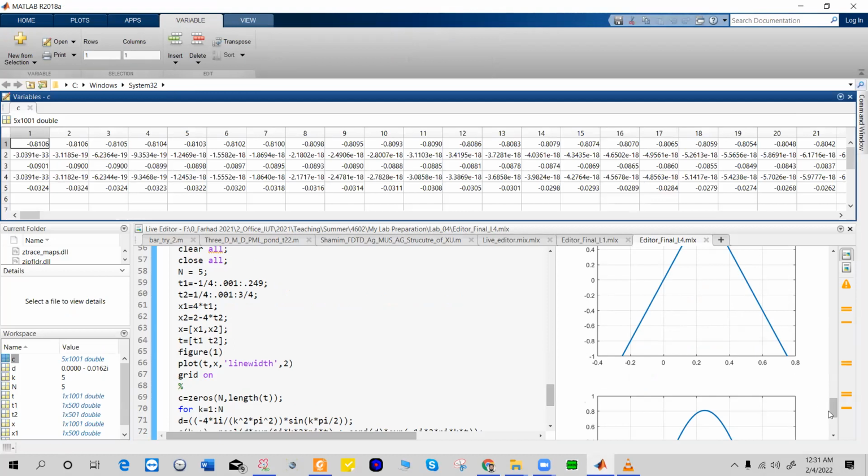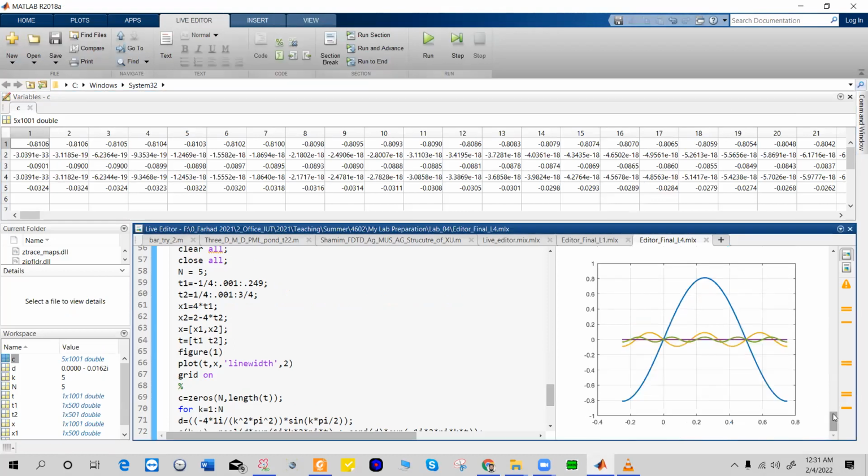Our C, and this is the plot from C. For k is equal to 1, these are the data, and the plot is the blue one. But for k is equal to 2, I have said that the value is 0. Why? You see, it is minus 3, it is minus 1, so those are nothing but zero.